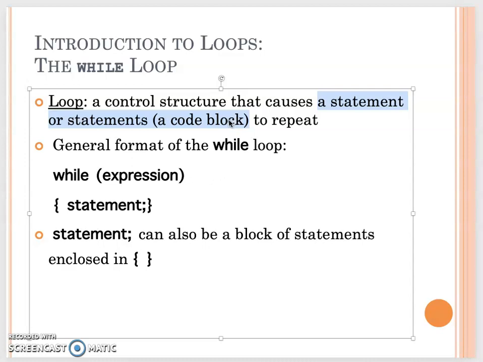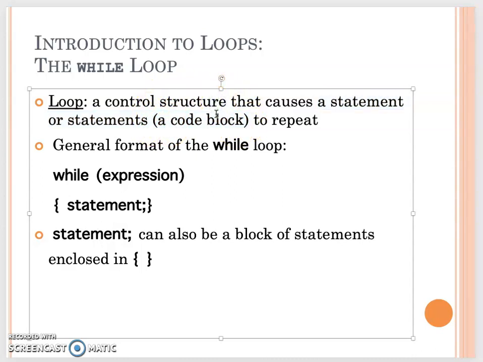You can have one condition to decide whether you will repeat executing a code block, or you want to execute this code block 10 times. No matter which one, we call that a loop. So a loop is a control structure that repeatedly executes a code block.